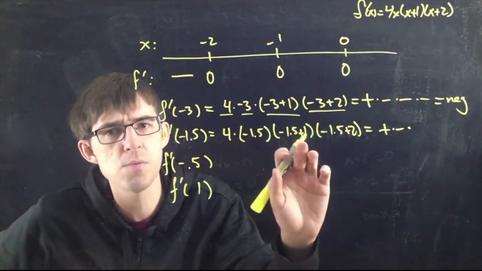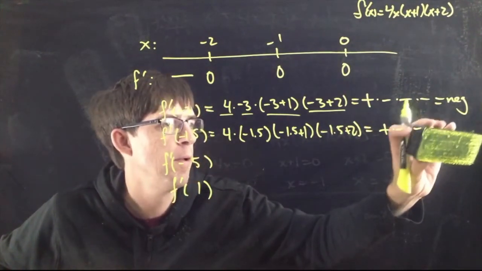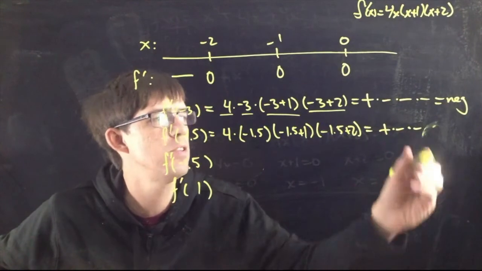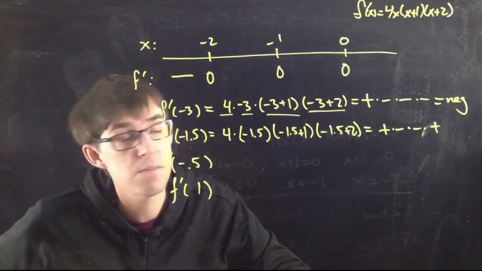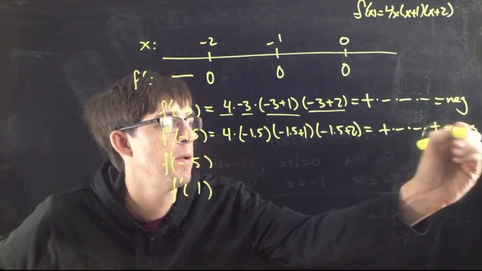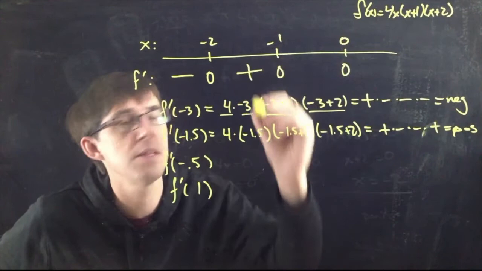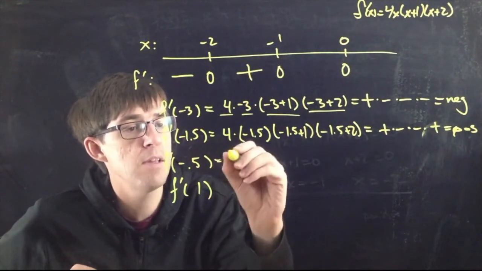Negative 1.5 plus 1 is still negative. And then times, finally, negative 1.5 plus 2, that's positive, right? So here I have a positive times a negative times a negative times a positive. There are 2 negatives, that means this is positive. And so I'm going to put a big old plus sign here. We just do the same thing for the others. Don't need your calculator, son.